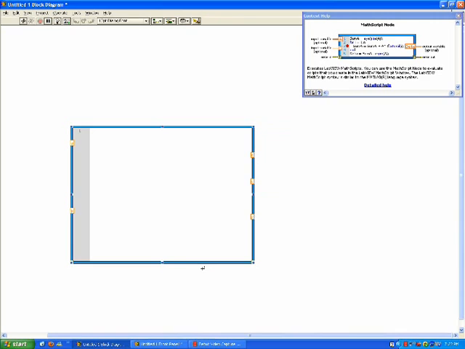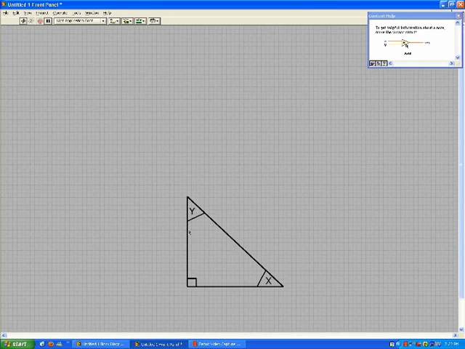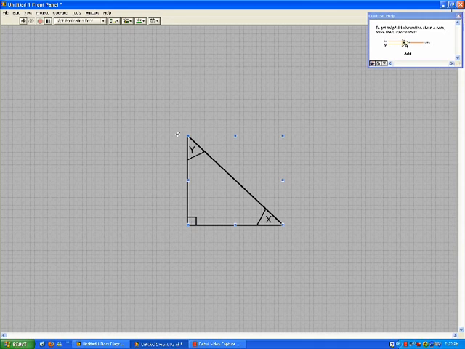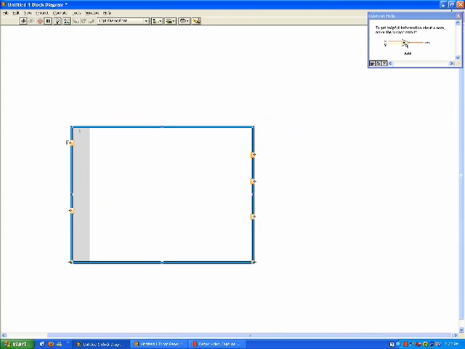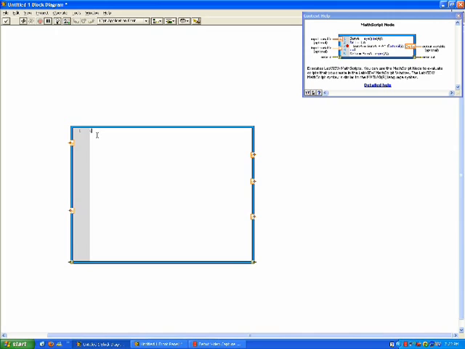Let's now go to the front panel and see this figure here, in which we have that these two angles are Y and X. We have a right angle, so we have a right triangle, and these two sides will be A and B, and the hypotenuse is C. So we write the first equation, which is C, or hypotenuse, will be equal to the square root of A squared plus B squared, and all of that is under the square root.